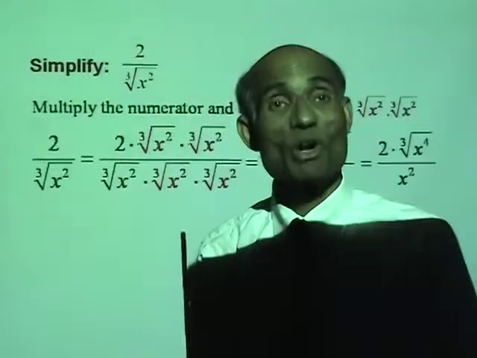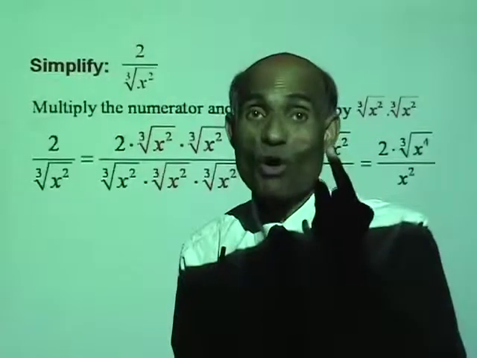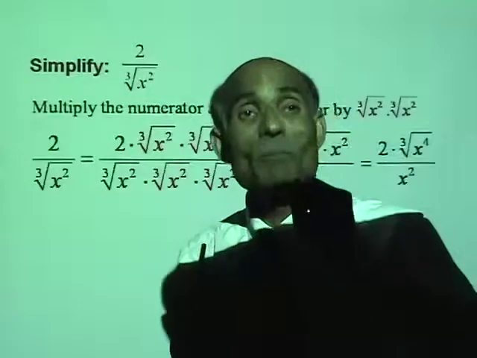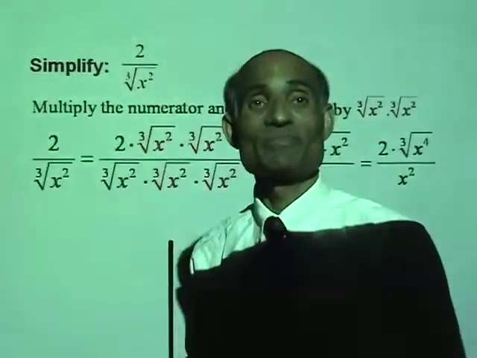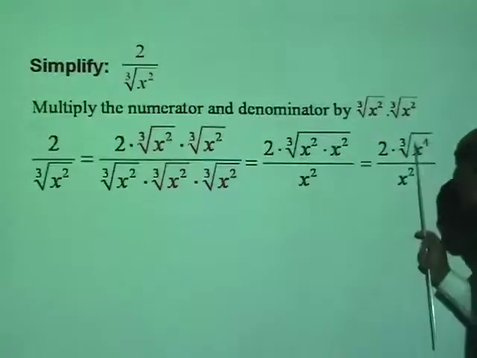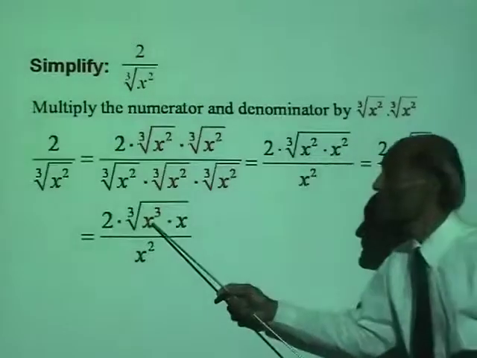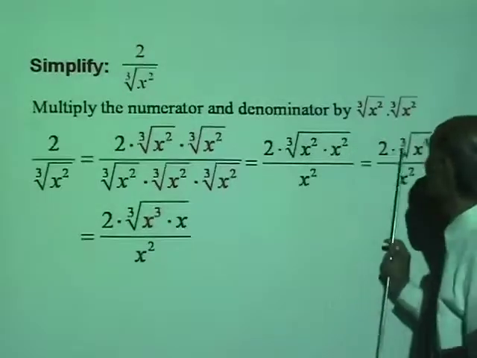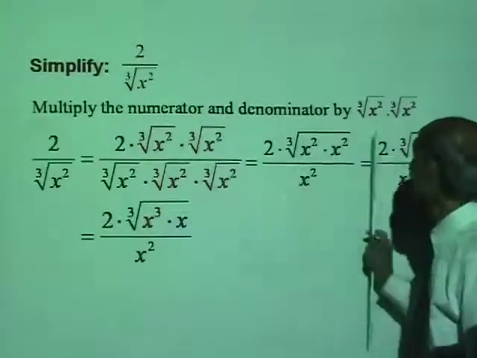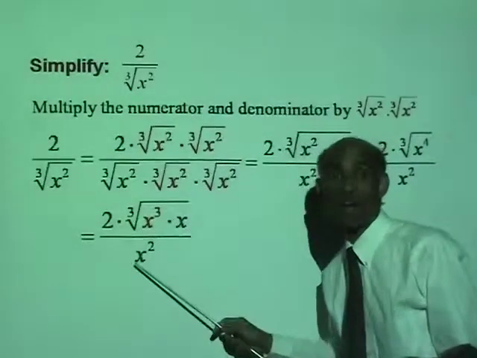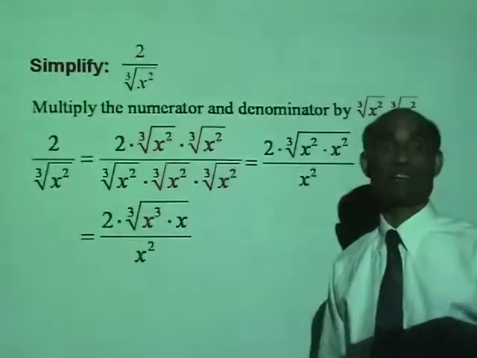Why? Because x to the power of 4 can be written as x to the power of 3 multiplied by x. So we will now write this as x to the power of 3 times x. So the numerator now is 2 times cube root of x to the power of 3 times x, and the denominator will remain as x squared.